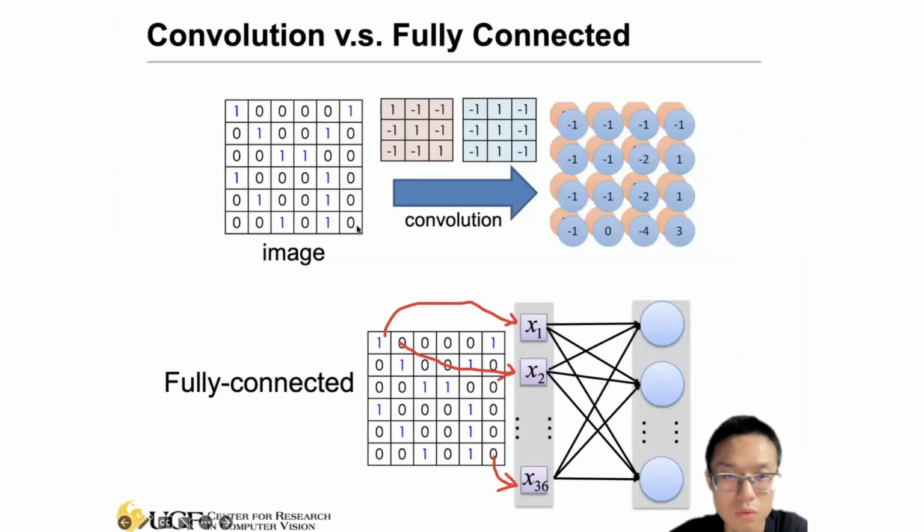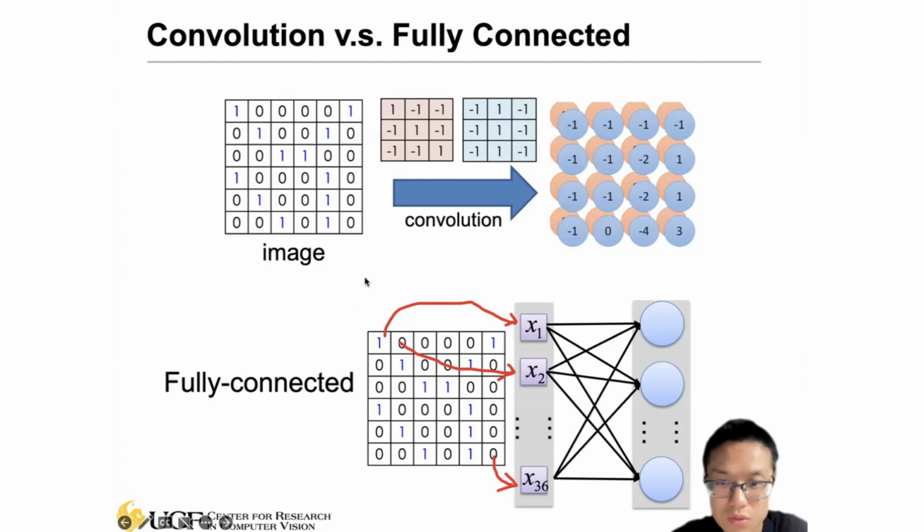And now we can do a comparison between convolution and a fully connected layer. So here is a basic operation of convolution. You have a simple input image, and we have these two filters that generate these two corresponding feature maps.